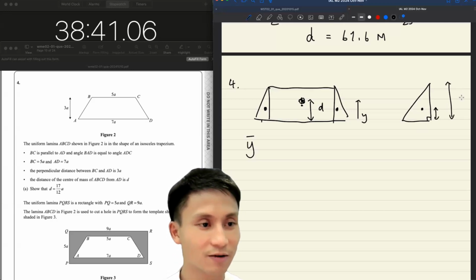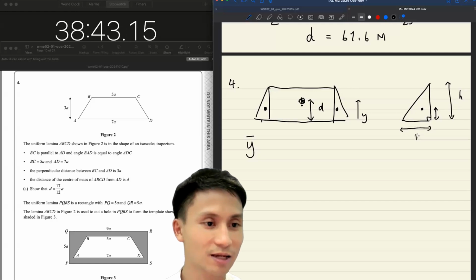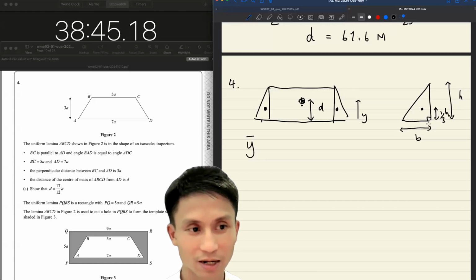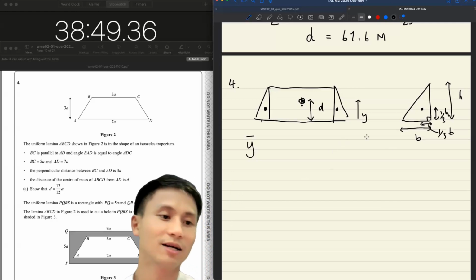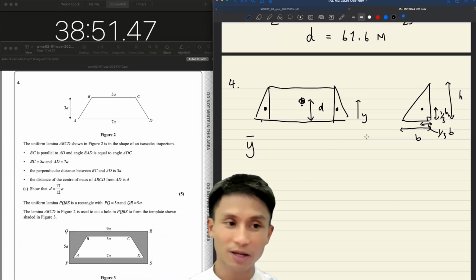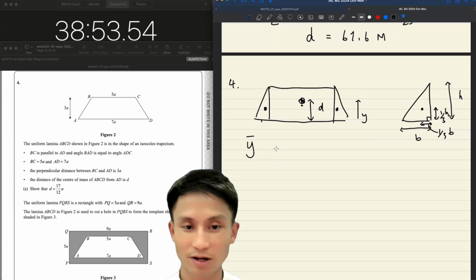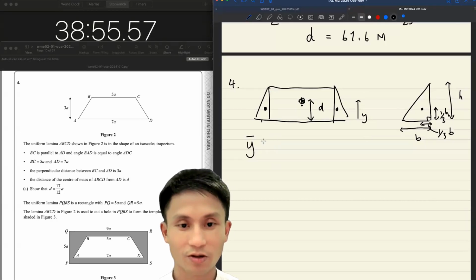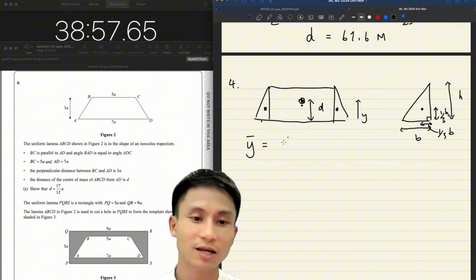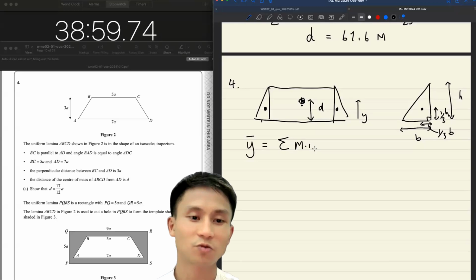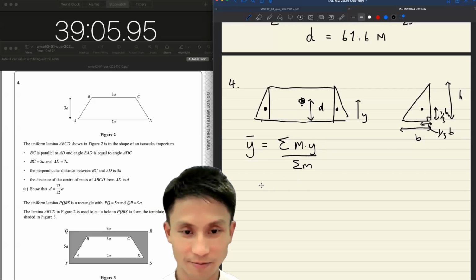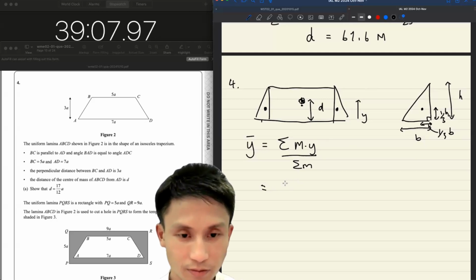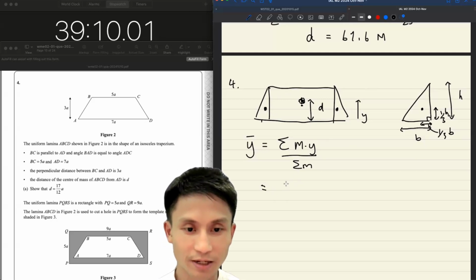So let's say this is a height, this is a base, it's going to be 1/3 the height on that side and also 1/3 the base on that side, and the other one would be 2/3, depending on which side you take. So again, center of mass will be the sum of mass times y divided by the sum of mass, right? If you only find a center of mass there. Okay, so there are three pieces here.